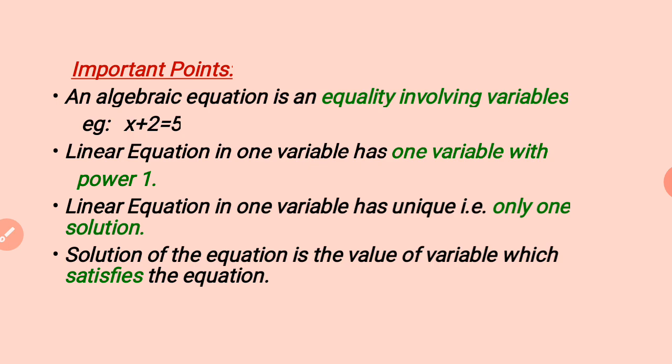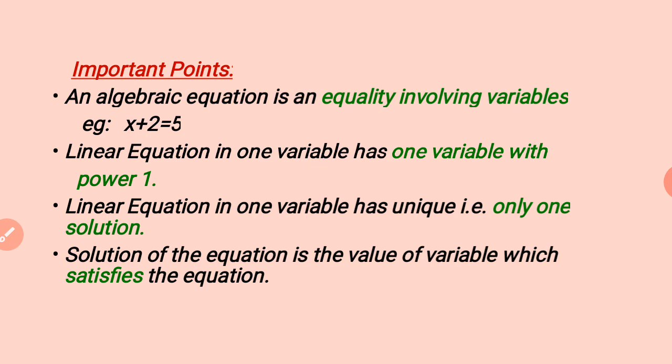It has to be 3, so that 3 plus 2 also gives you 5. Here, the value of x has to be 3 only. You cannot have any other value for x. So we can say that linear equation in one variable has only one solution, or the solution is unique.